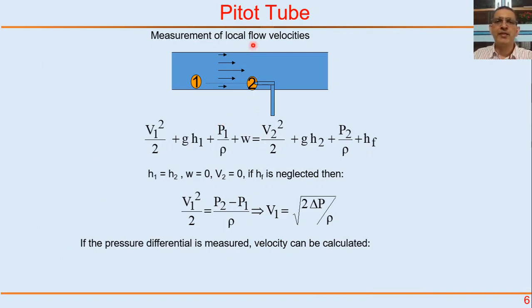Something else is used to measure the local flow velocity. So imagine that there is a pipe. I told you about the velocity profile. So velocity is smaller here, larger here, larger here.